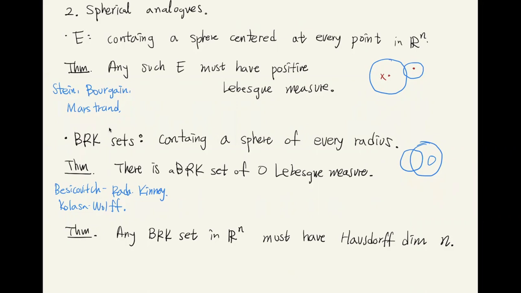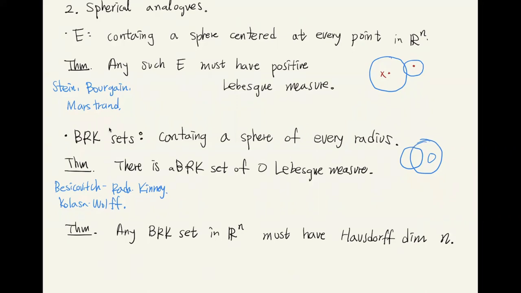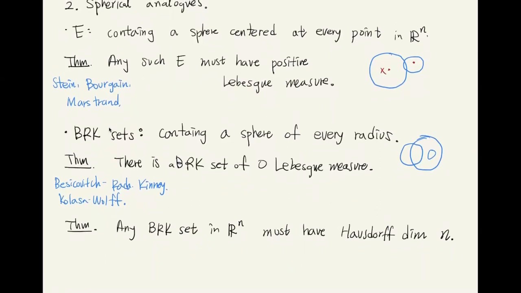That's because the main estimate required in higher dimension turns out to be an L^2 estimate, while in the 2-dimensional case, the required estimate is an L^3 estimate, which is more difficult. So that was the work of Kolasa and Wolff, and also Wolff.